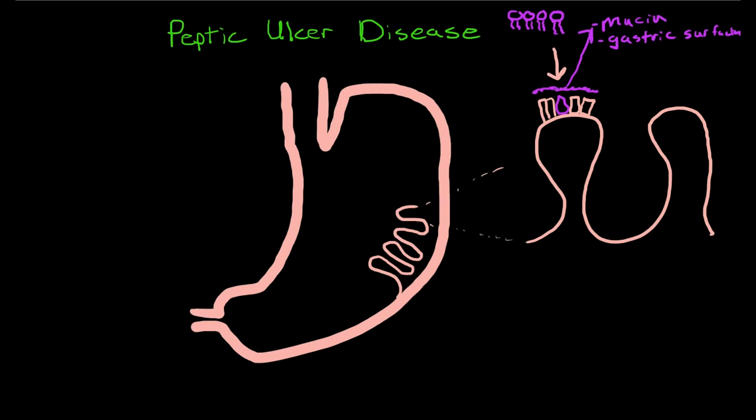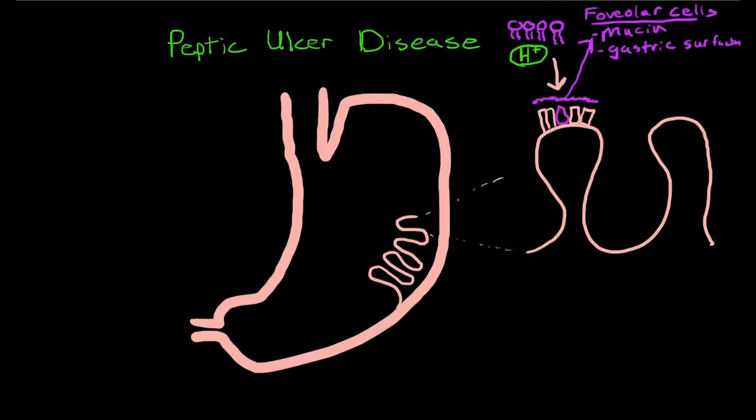In particular, the charged molecule that we're really worried about here is hydrogen, the hydrogen ion. So this provides an impenetrable barrier protecting the mucosal cells. And again, those are called foveolar cells.